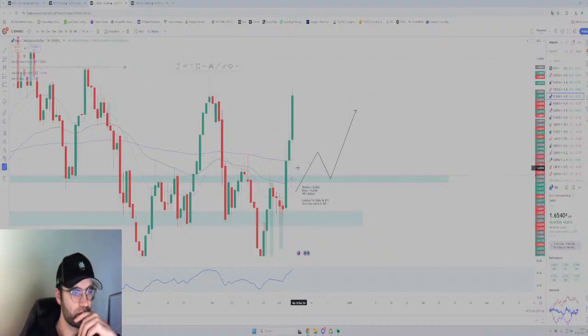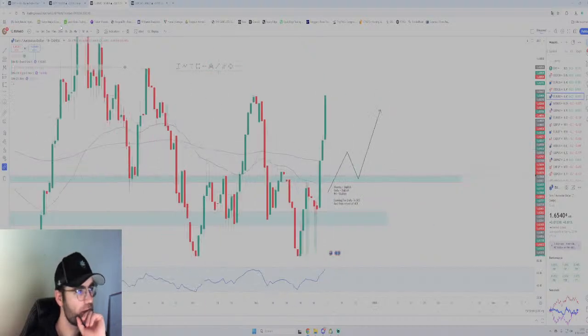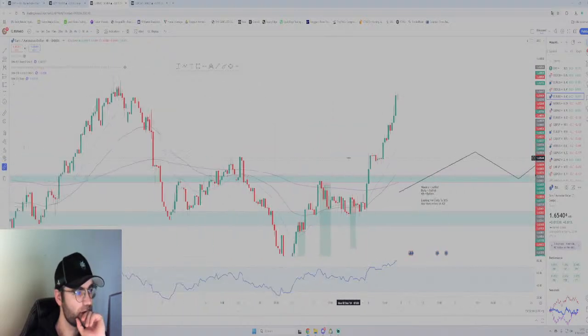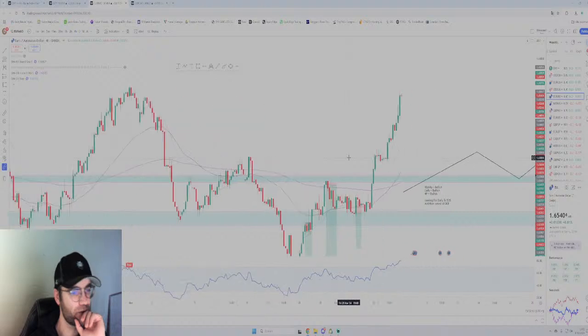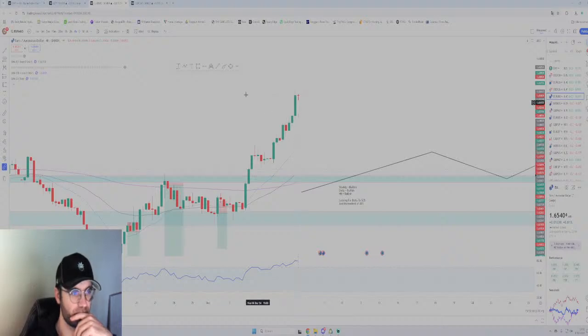And if the 50 EMA also catches up on the daily, I don't know, it could potentially just retrace from here. It's not a big zone, but this is the stronger zone, but either this will happen or this will happen.